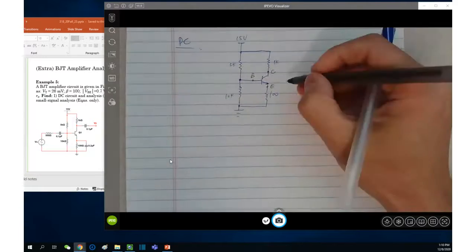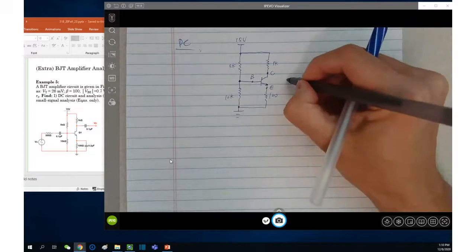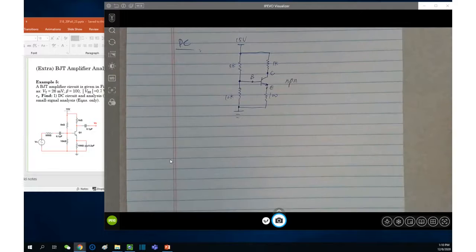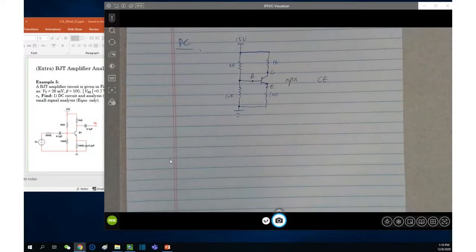Therefore, you realize that this is an NPN. Also, due to the location of the output at the collector, this is a common emitter circuit. This is a DC circuit. If in the exam you are asked, you need to answer the type of the transistor, the configuration, and so on.